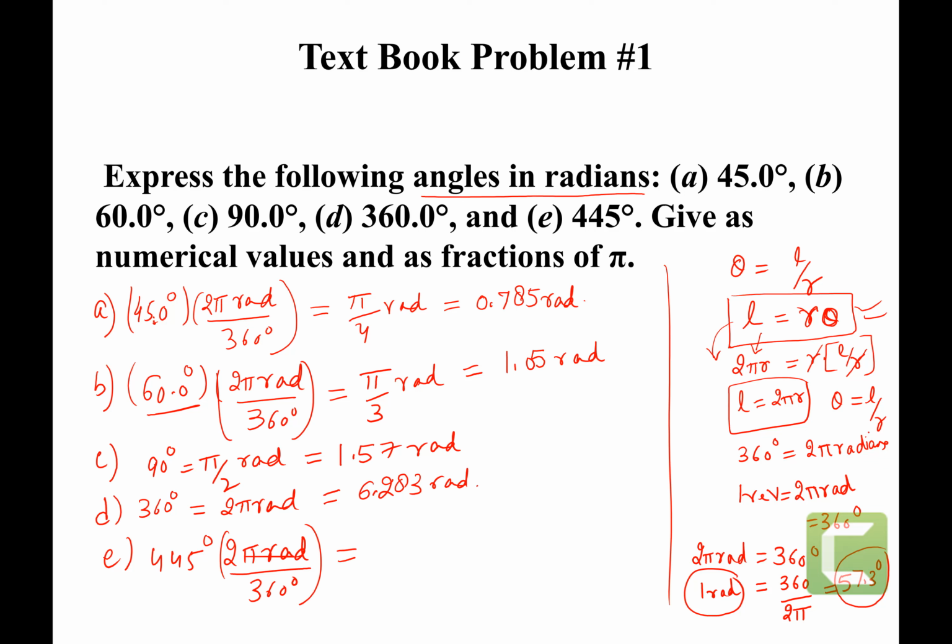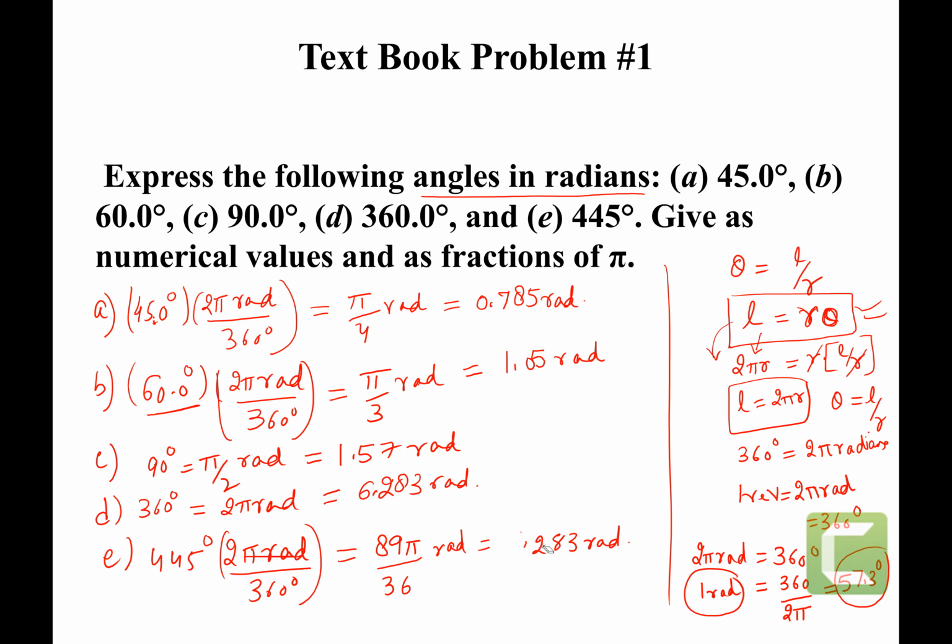That means you can already see that it is 89 pi over 36 radians, which when you solve will be 6.283 radians.